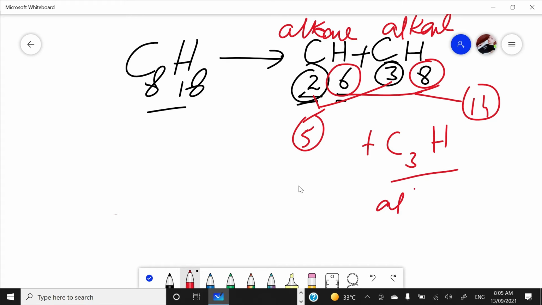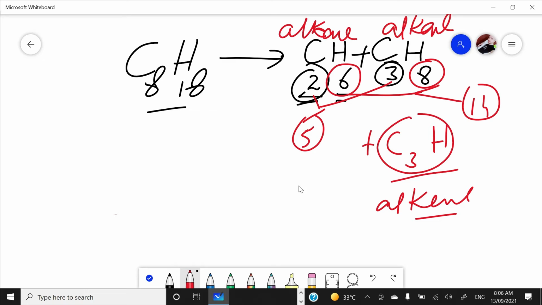So H6. If I make it H6, will that work? No, sir. It will exceed it. This will not work. Okay, but I'm still left with 3 of the carbons and 4 of the hydrogens.